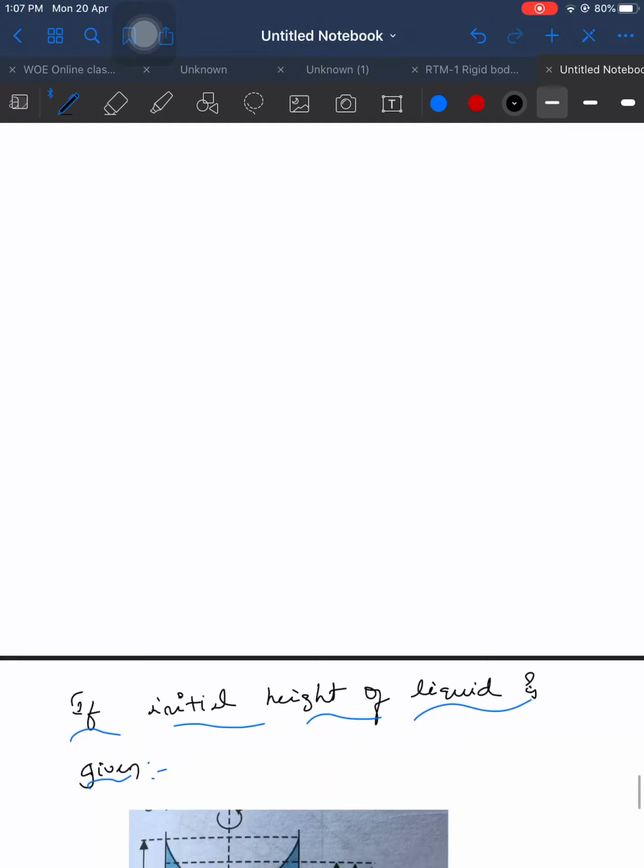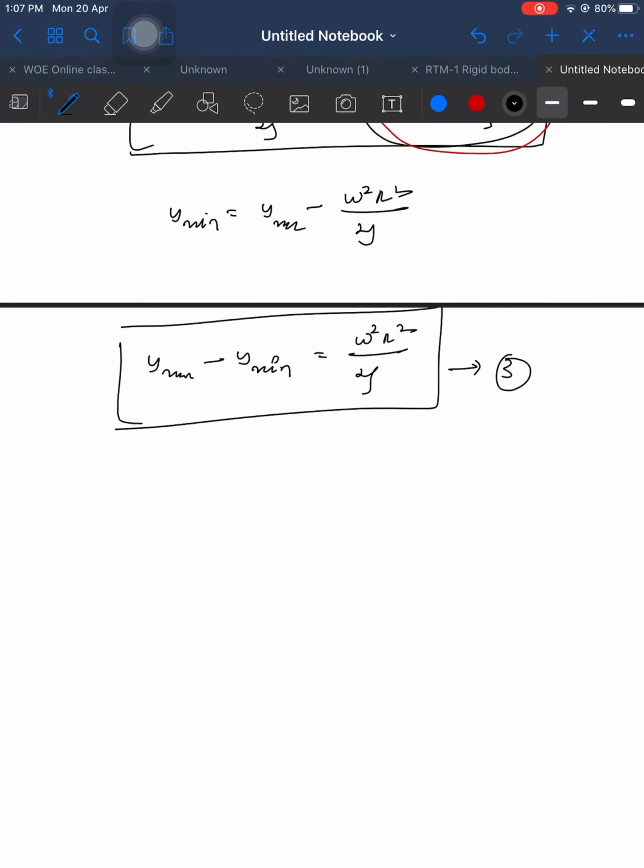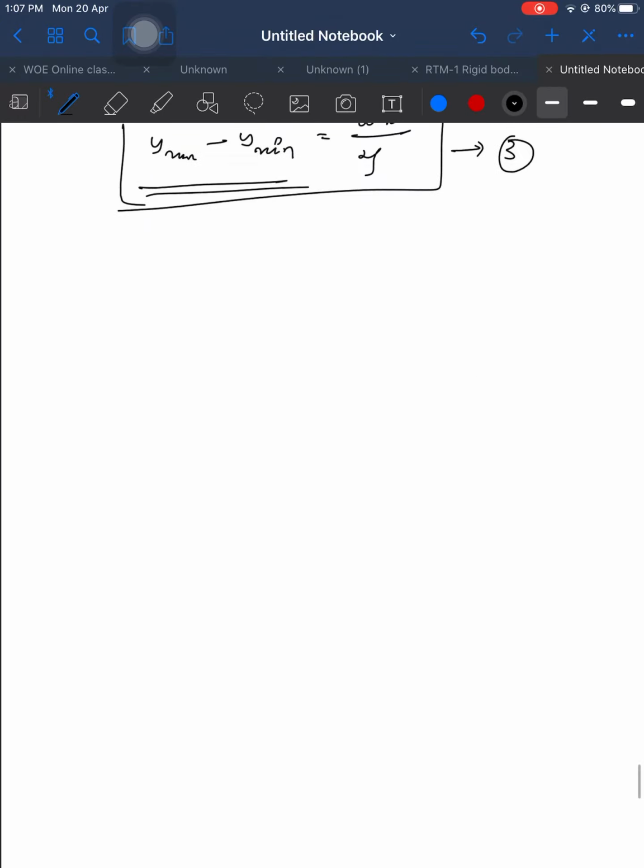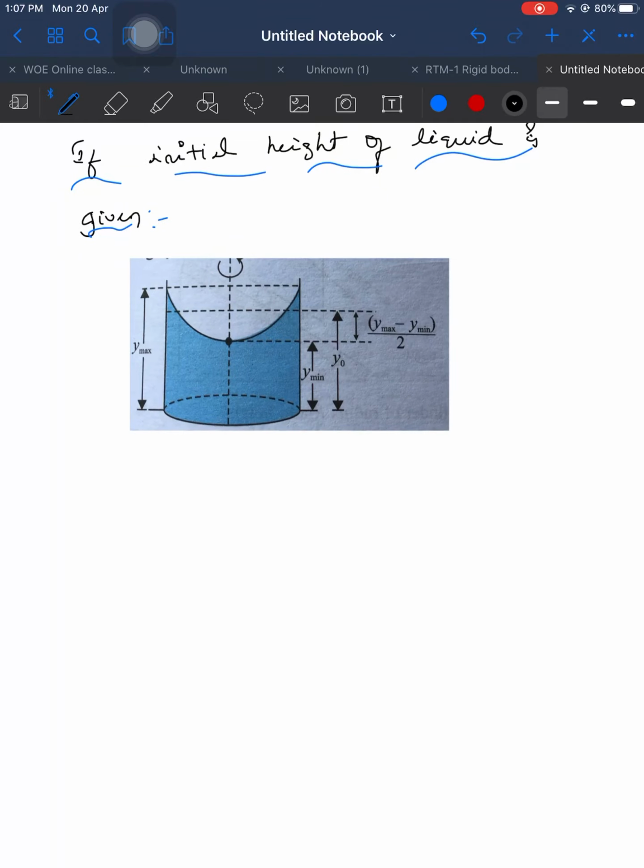You practice in such a way that the formulas you memorize automatically. Okay, let's see a special case of it. Y max minus y minimum is equal to omega square r square by 2g. In this special case, they will say that initially the height of the liquid is y naught. Initially liquid height is y naught. After rotating with angular velocity omega, it is showing two different heights, y minimum and y maximum.